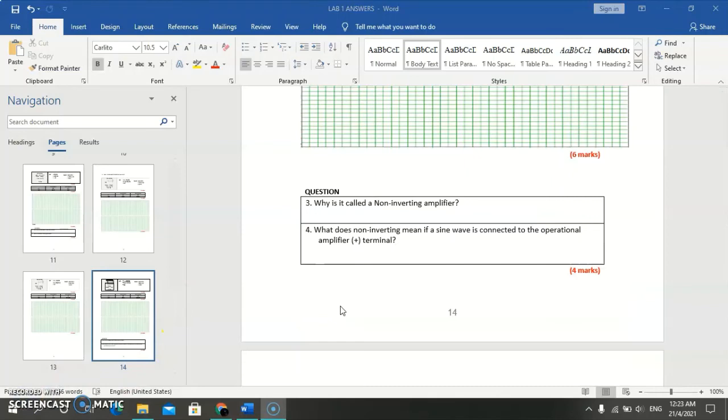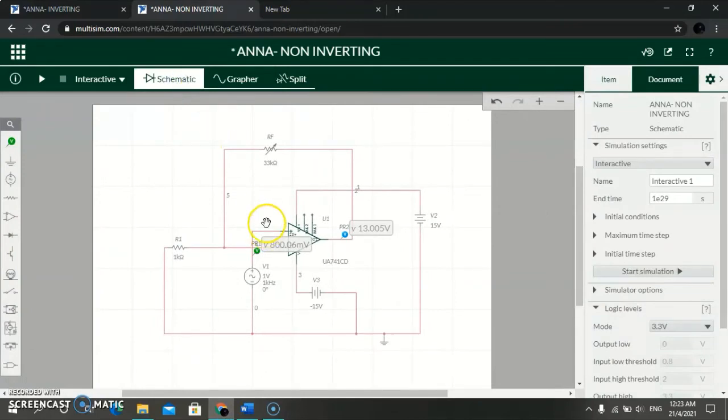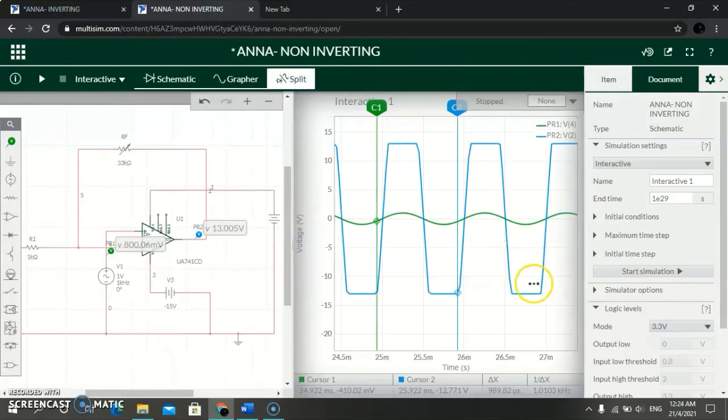Okay, I will answer the questions. Why is it called a non-inverting amplifier? Because, as you can see, when we enter the positive phase, the output is also in positive phase. It does not invert the phase, so it is called a non-inverting amplifier.